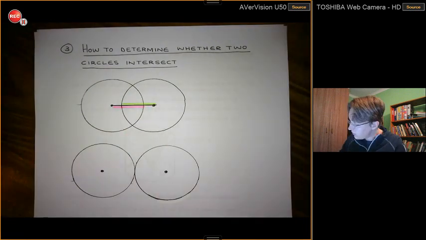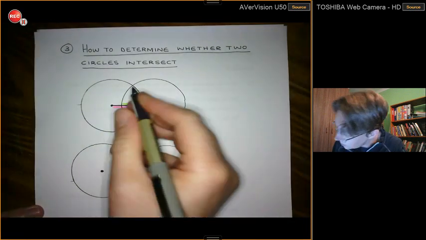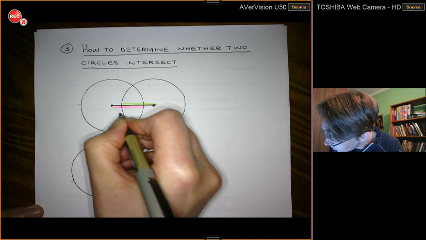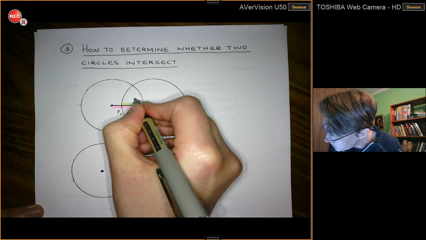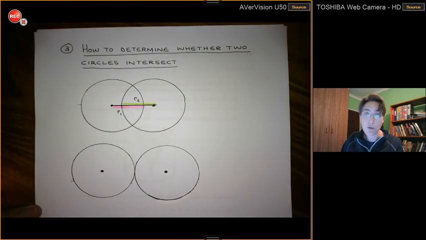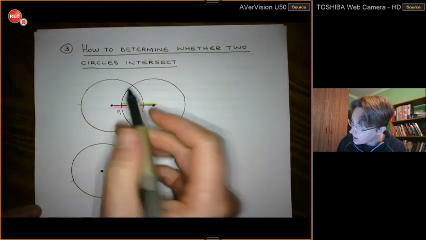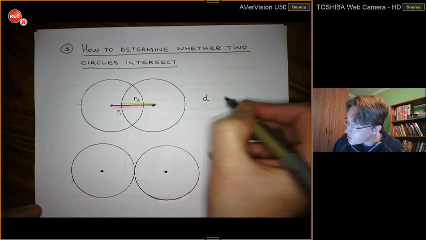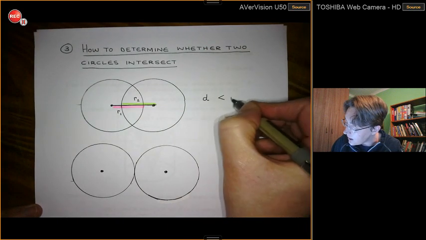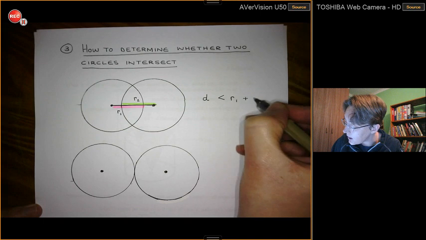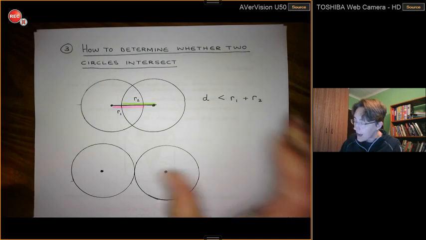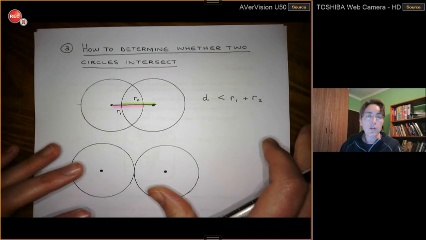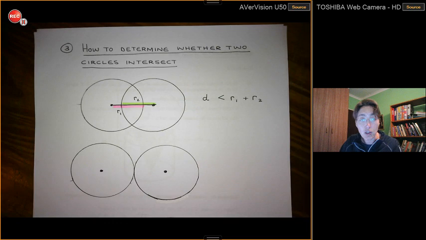Now, we'll call the first radius R1 for the first circle's radius, and we'll call this one R2 for the second circle's radius. Now, you should notice that the distance between the 2 centers is going to be less than the radius of the first circle plus the radius of the second circle. So that's how you determine whether 2 circles intersect at 2 points or not.